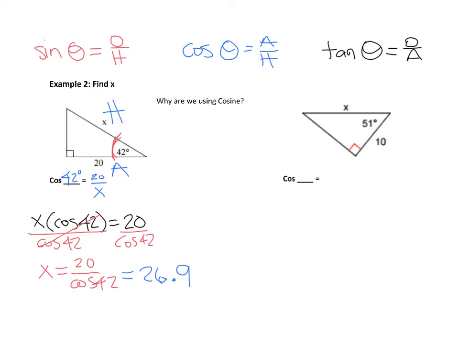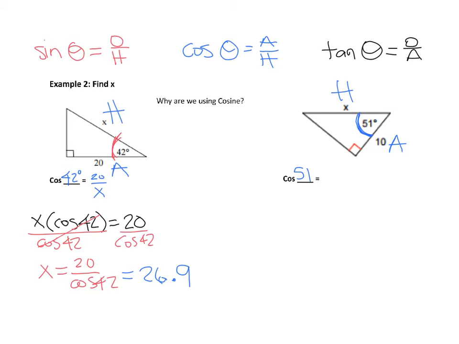Now for the second one, first identify my theta, which is here, it's 51 degrees. So let's see, would we really use cosine? That is the hypotenuse, and based on my theta of 51 degrees, that is the adjacent. So yes, because I have adjacent and hypotenuse, we're going to use cosine.